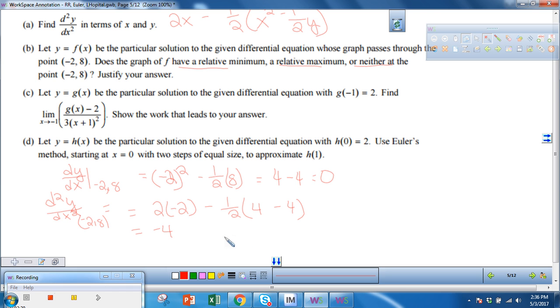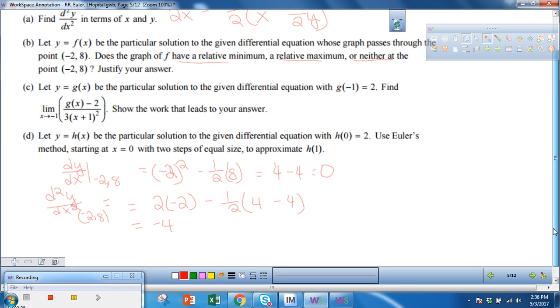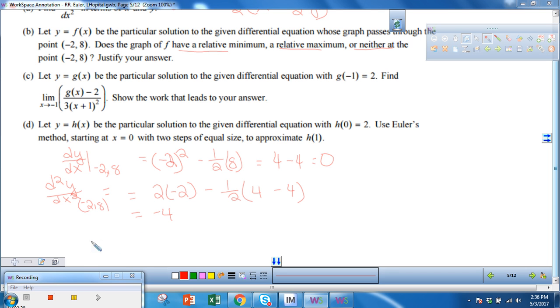So what does that tell me? Well, this is what I would say. This produces a local max. So the way I would write that, because you answer the question that you're given. They asked you, is it a local max or a local min?